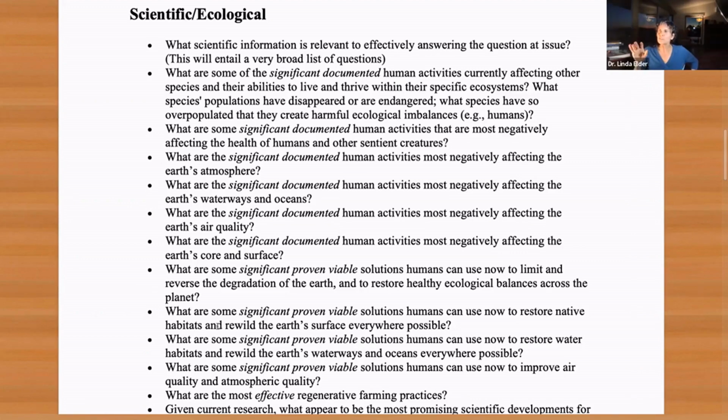Notice on number 2 and down, the ones I've been reading through, what are the significant documented? I'm not saying here, what are some of the ways in which human activities most negatively affect the Earth's atmosphere? I want significant and documented ones. So that if people say, oh, so you're saying that these are some of the ways in which humans have done this and that.